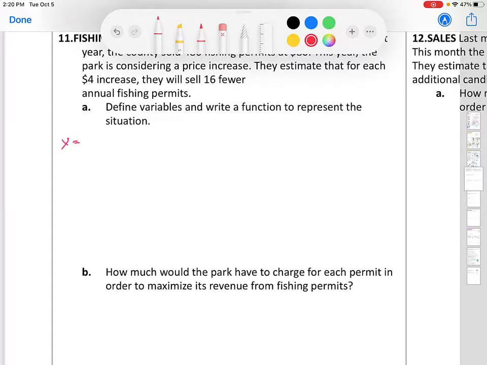So X represents the number of $4 price increases. And the function P of X represents the total amount generated.